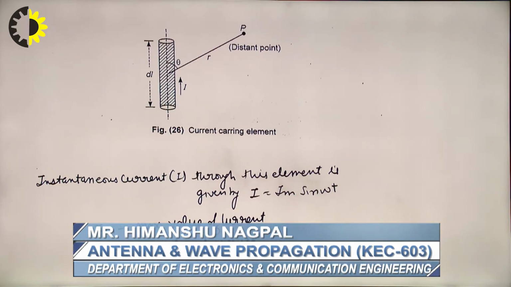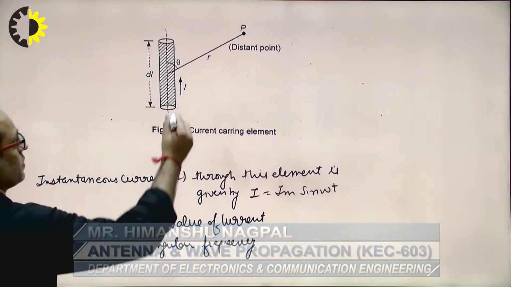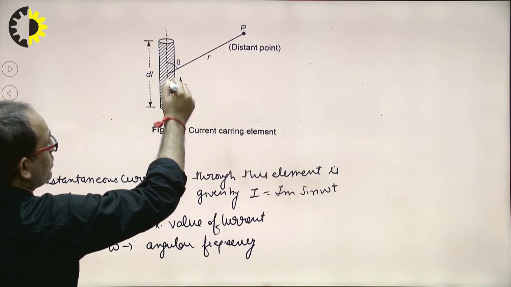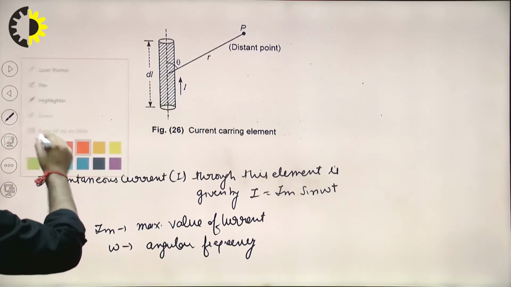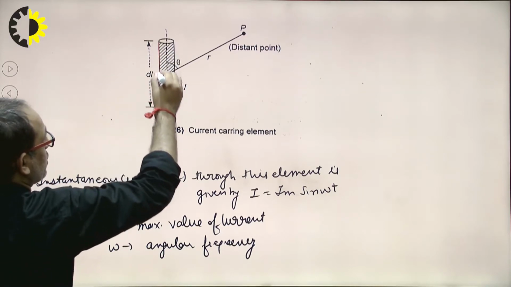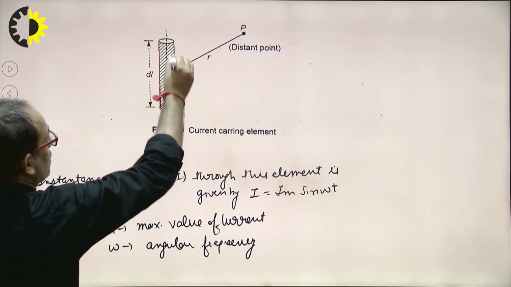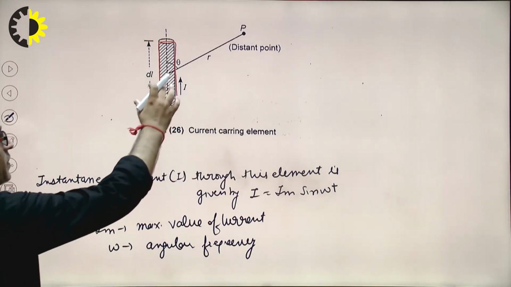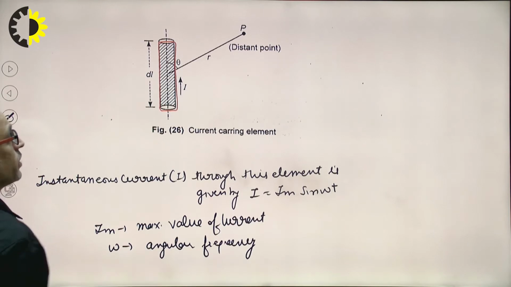Now see, if I say this is a dipole, having length dl and current is passing through this point.